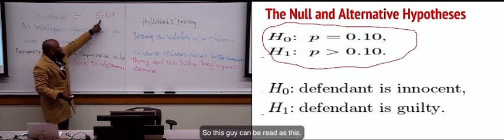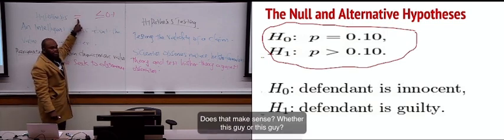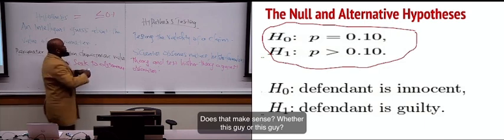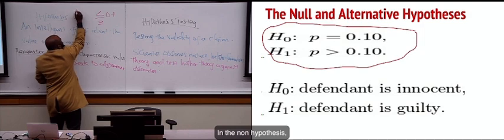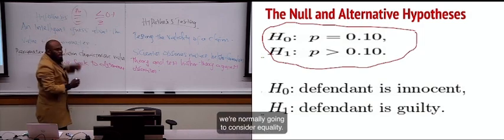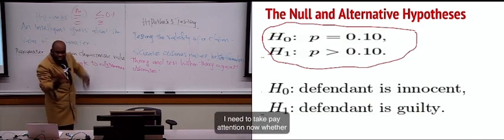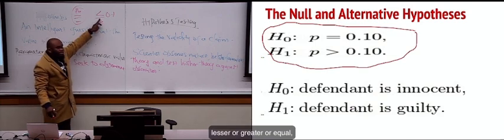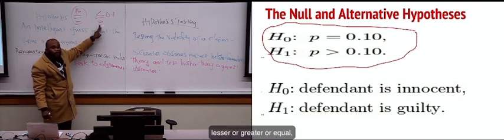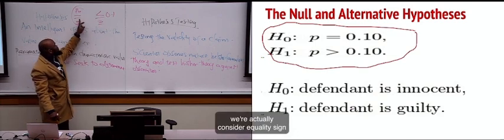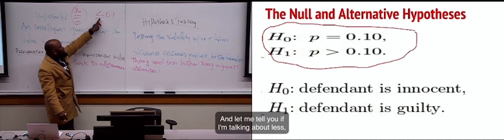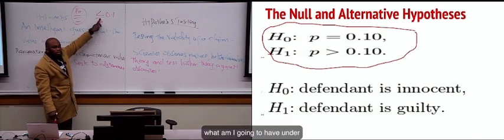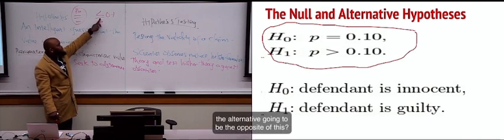So this can be read as this. Whether this or this, in the null hypothesis we're normally going to consider equality. I need you to pay attention now. Whether less than or equal to, or greater than or equal to, we're going to consider the equality sign under the null hypothesis. And let me tell you, if I'm talking about less than or equal to, what am I going to have under the alternative? It's going to be the opposite of this.